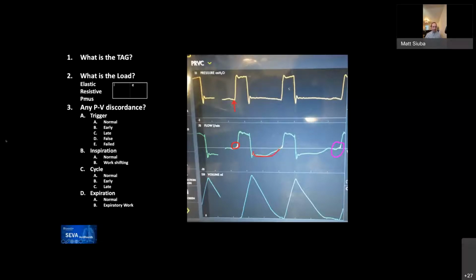If this was a passive breath, even with an elevated resistive load, it would still have the normal shape. It just wouldn't return to baseline as fast as you would think. So this person is forcefully exhaling, which I think is the key patient ventilator interaction here.